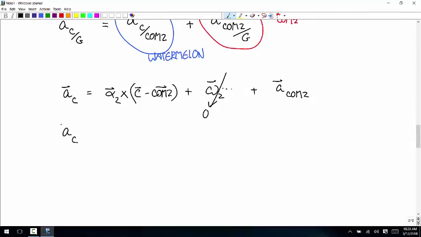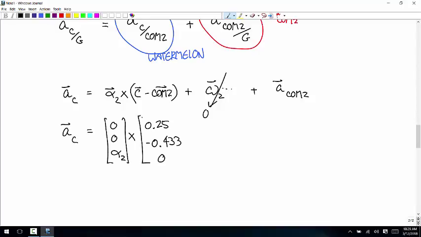So AC is equal to 0, 0, alpha 2 crossed with positive 0.5, negative 0.433, 0, plus a center of mass of 2.